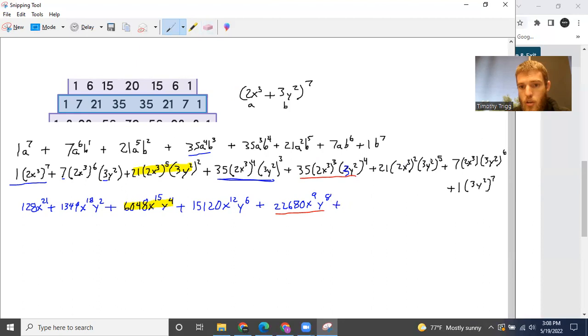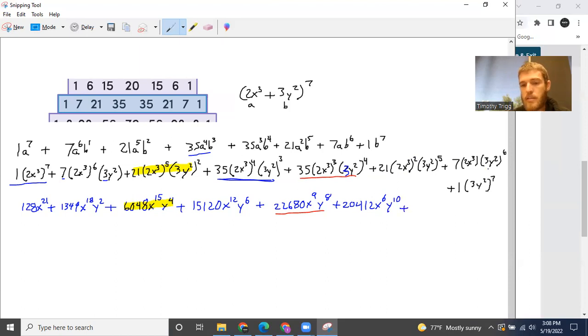Plus, I'm going to do the 3 to the power of 5 first. So 3 to the power of 5 times 2 to the power of 2 is 4 times 21 gives us 20412 x to the power of 3 times 2, that's 6. Power to a power, you multiply those. So y to the power of 10.